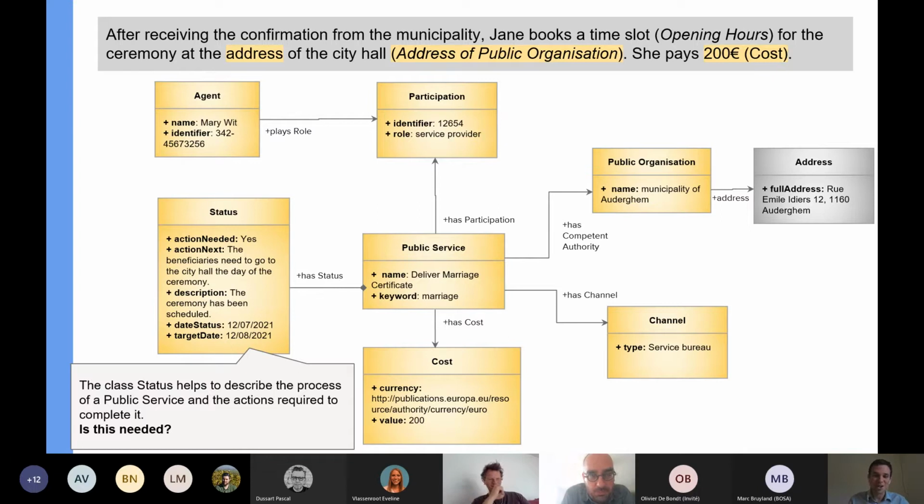Related to our previous discussions, my question is, do we want to do that? Do we need to do that? This is process delivery. Exactly, I agree. I find this class quite interesting, but for the process delivery, indeed. So do we keep it at this stage? I understand not really.